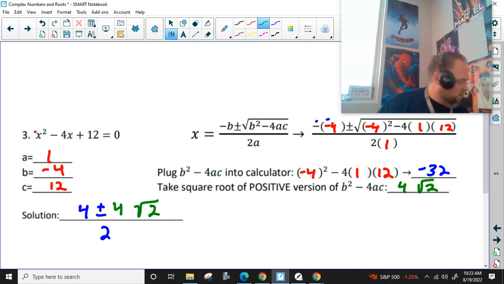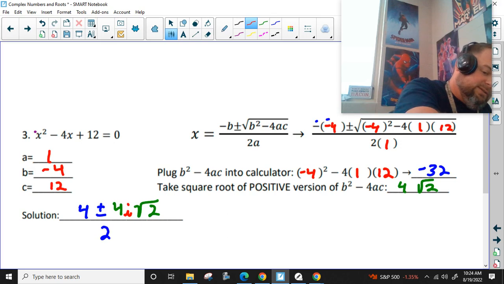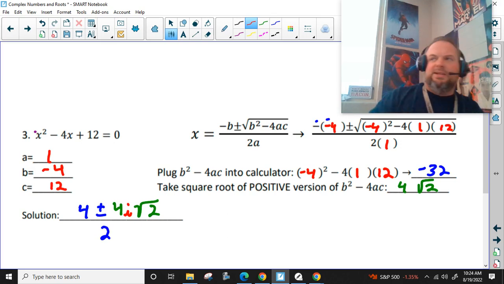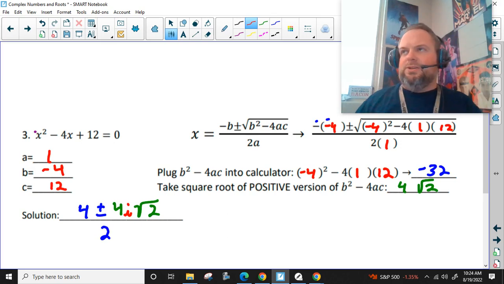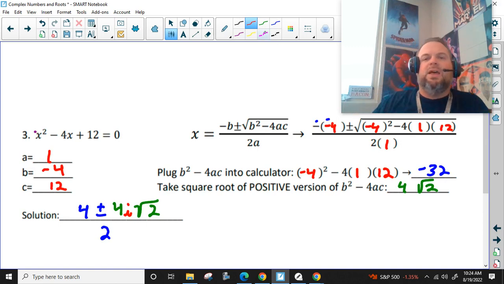Now, what we have to do is, again, we have to put that i in there. Now, we have not seen one like this, and again, I'm going to show you. I'm going to try to avoid them at all cost on the test, because this next step does not really test what you know how to do on the quadratic formula and negative square roots.